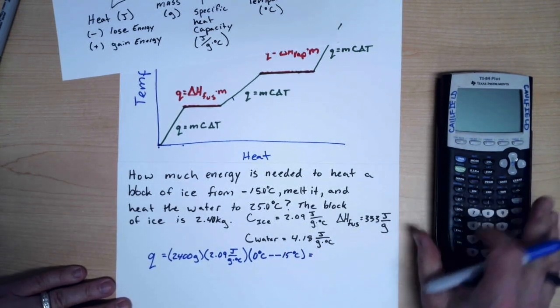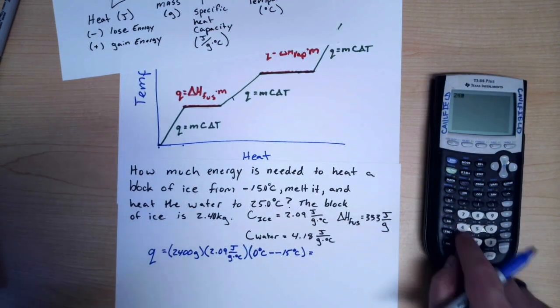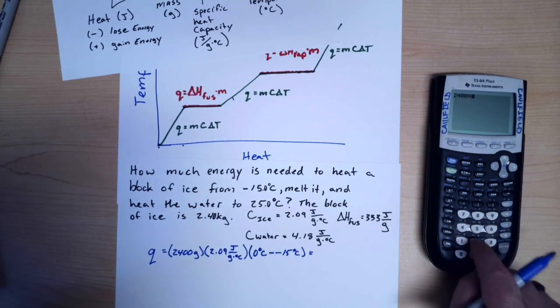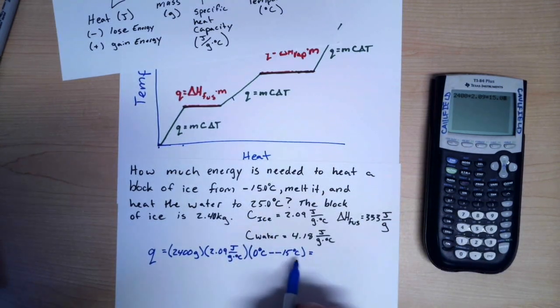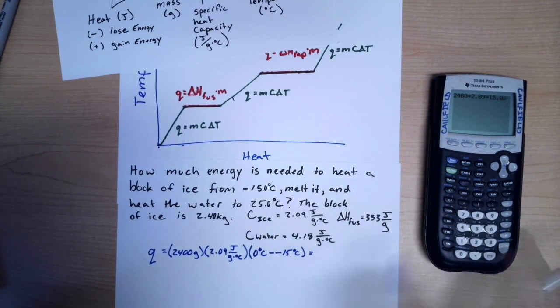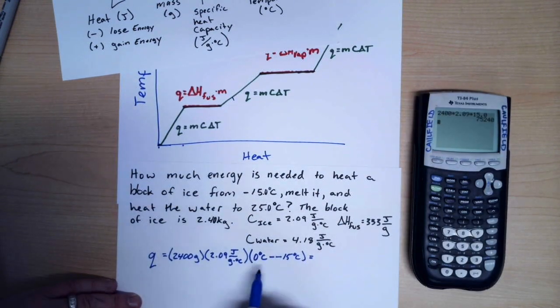Let's go ahead and grab that number while we're sitting on it. 2,400 times 2.09 times 15.0. I had another sig fig, but I don't think I have room to write it in there. I have my 3 sig figs there. I'm going to assume that's not going to limit my sig figs.